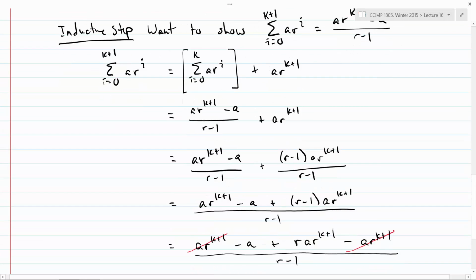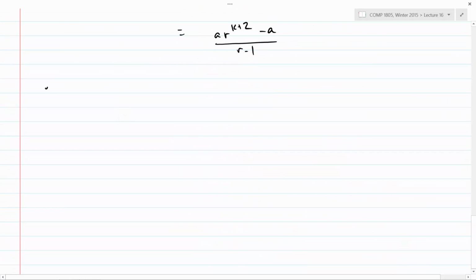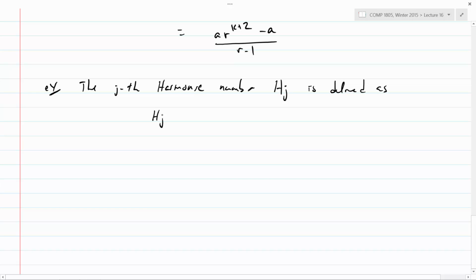All right, so the next one is a similar inductive proof, but it does have a trick in it. I'm warning you that it has a trick in it right now. So there are these things called the harmonic numbers, and the jth harmonic number is denoted H sub j, and it's defined as H sub j equals 1 plus a half plus a third plus a fourth plus all the way up to 1 over j.